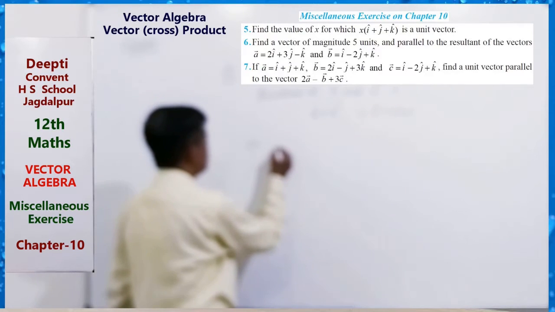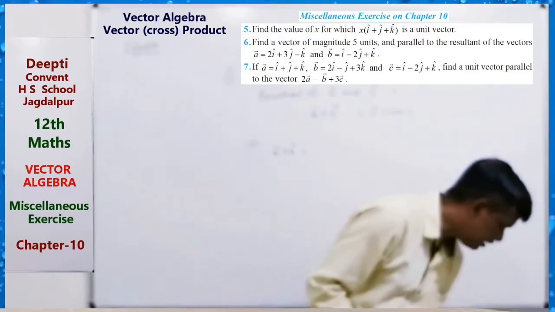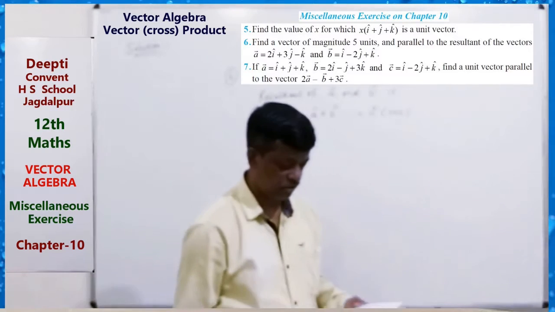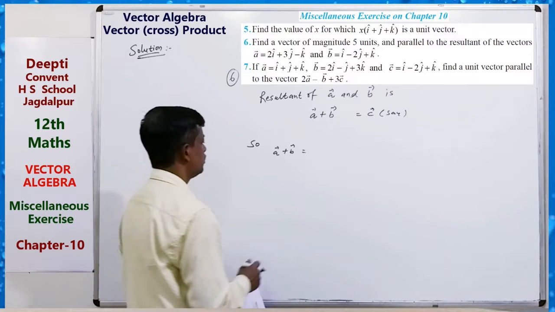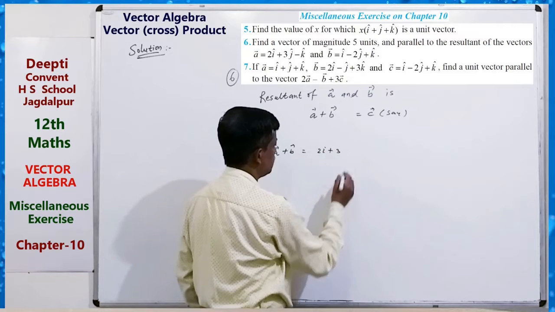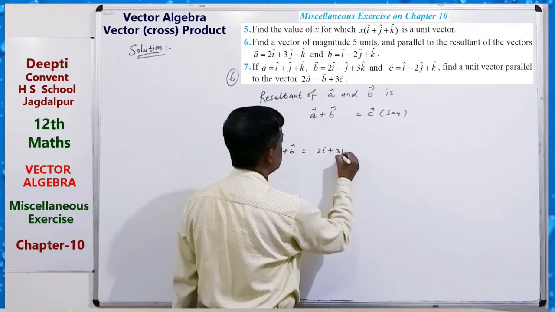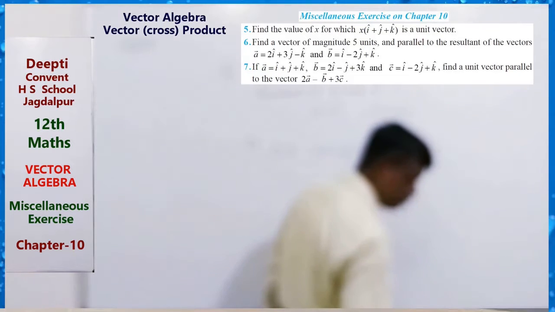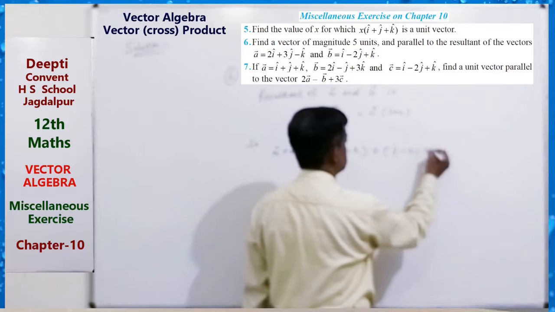So a and b are given: a is 2i plus 3j minus k, and b is i minus 2j plus k.